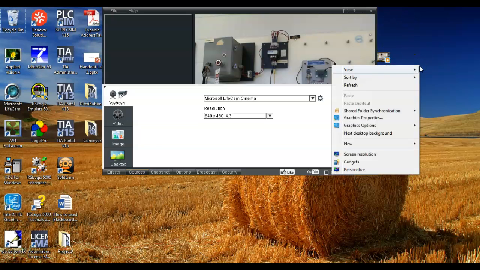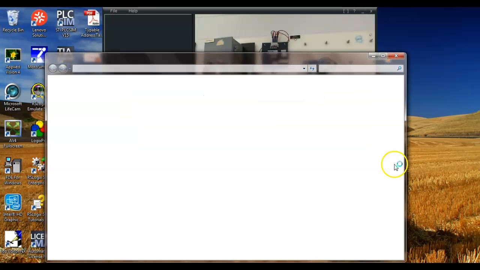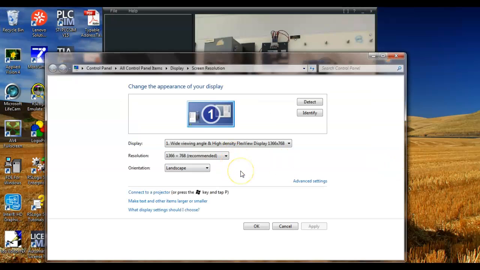We can come up here and go to screen resolution. So right now, this would be the number of pixels per line, and this would be the number of lines. That's the resolution I'm using for this screen, and that's the way TVs are rated.